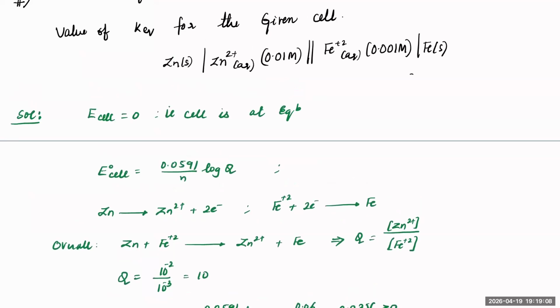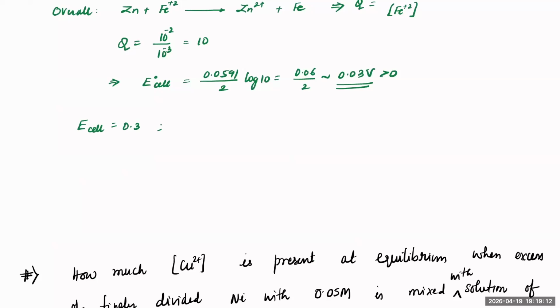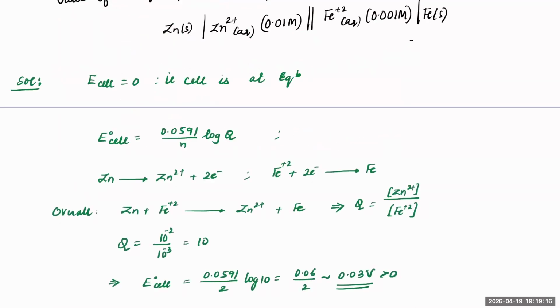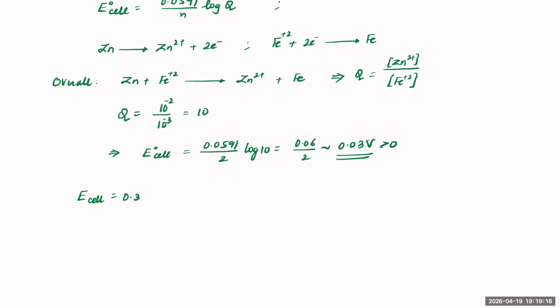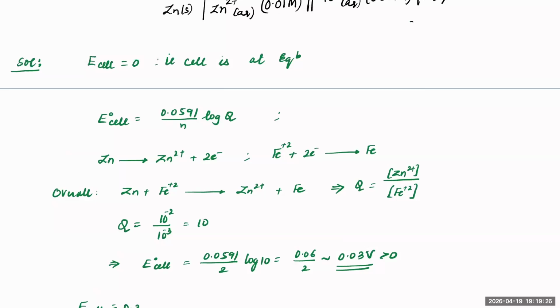0.3. Okay. So when E cell is 0.3, then let me write down that in the equation here.